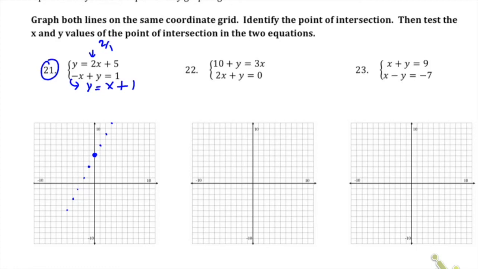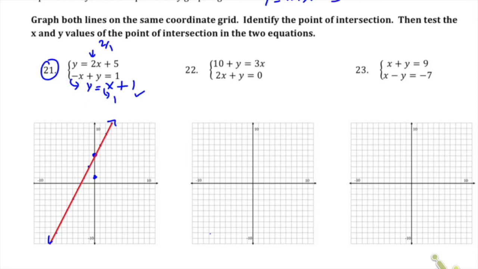I just graph it, I use my slope to graph it, and these are my points, and I'm going to connect the dots. That's my line, or let me just use the ruler. My line is done. Now I have to do the other line, y equals x plus 1, so my y-intercept is 1, and I graph it here. My slope is 1, m is 1, because I'm using y equals mx plus b.